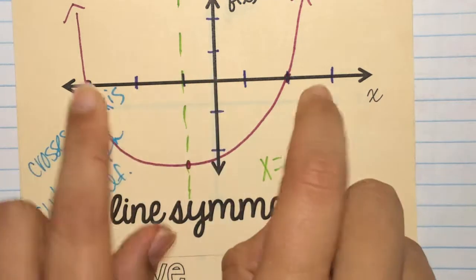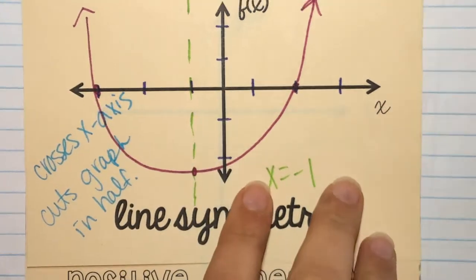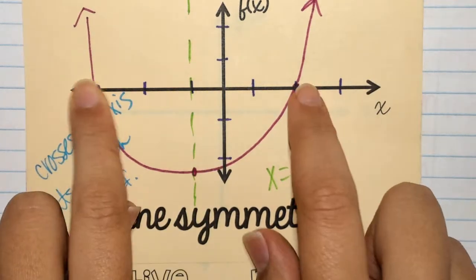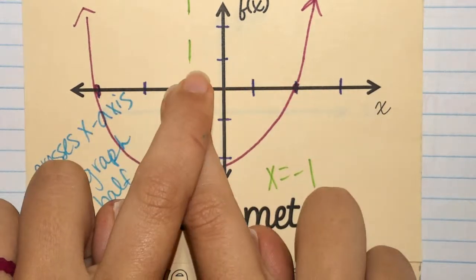This is the middle, right here. How do you know where to put the line on top of half? Like the green line, in the middle. It's literally the same distance from one side to the other. So if this was 3 units away over here, I would count. And you see how I counted to the middle?